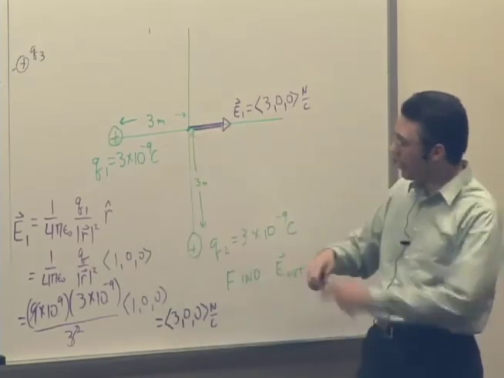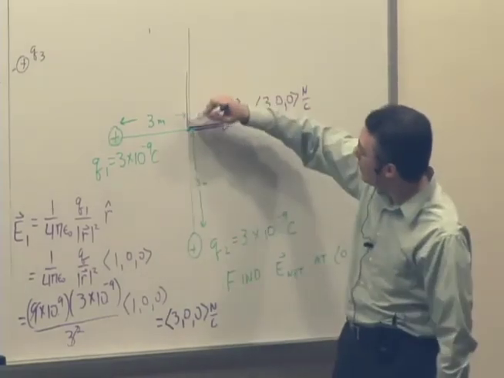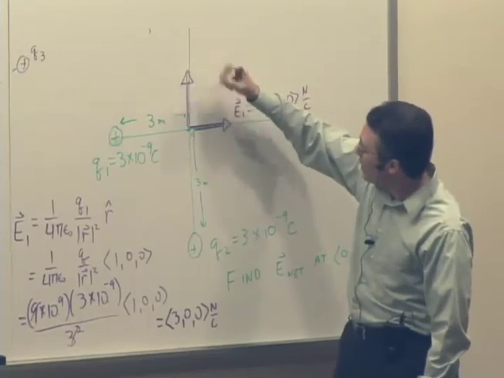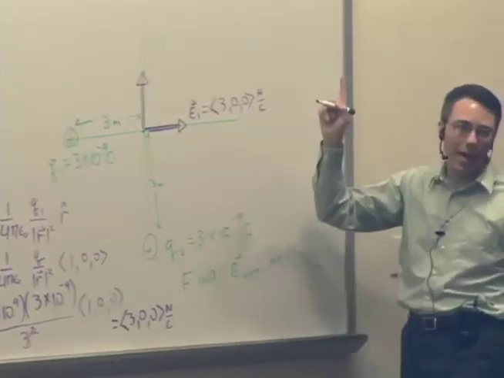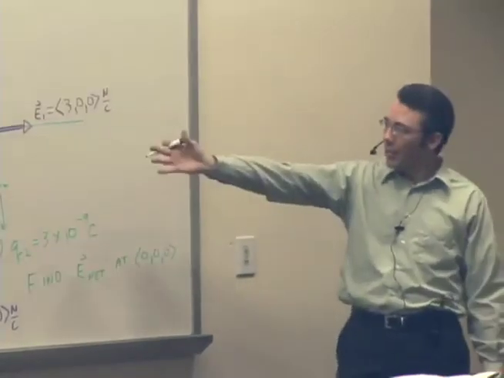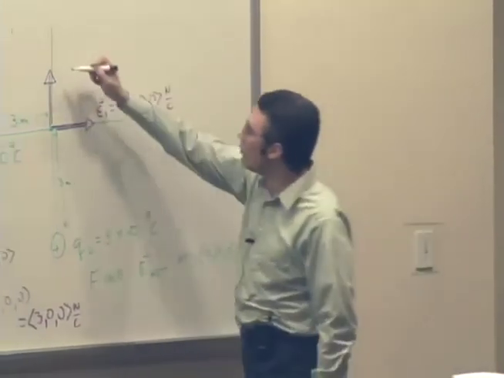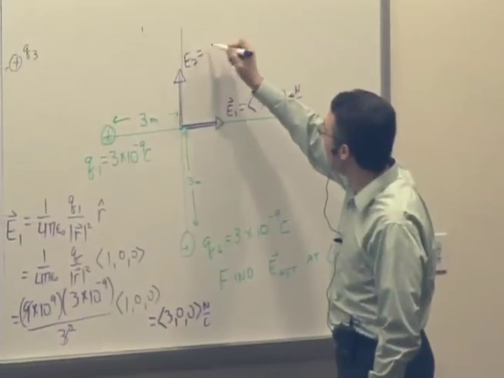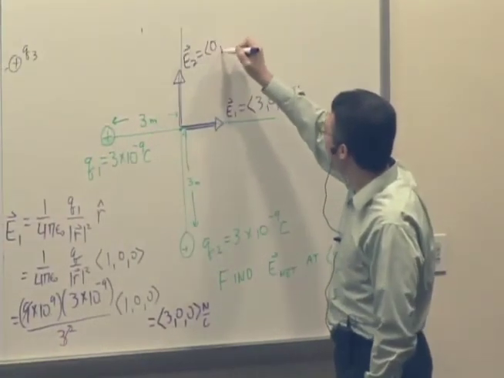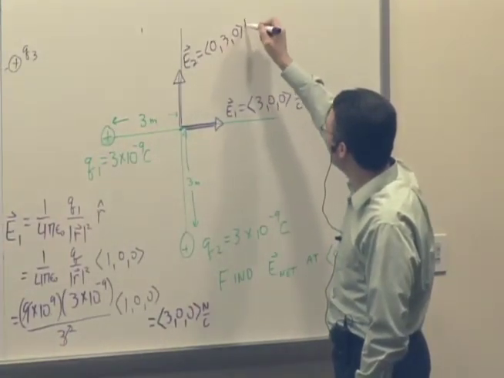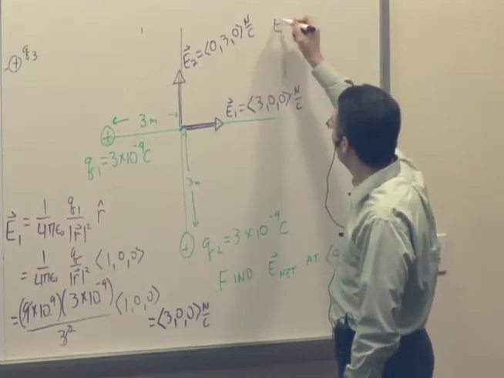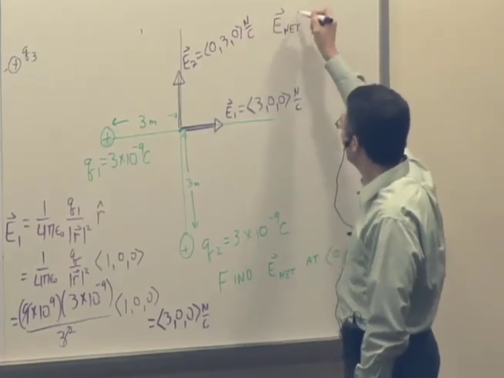It's a positive charge, and so it points away from that positive charge. So it's pointing in the positive y direction. The charges are the same. The distances are the same. The magnitude's got to be the same, right? So E2 is 0, 300, 0 newtons per coulomb. What's E net?